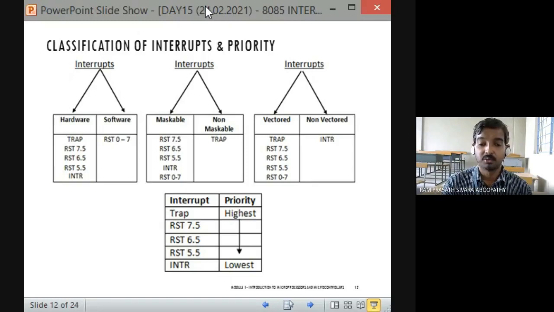So this priority order is resolved by a circuit called priority resolver, which technically we call the interrupt handler. When an interrupt comes, whatever things have to happen, the hardware for that we call the priority handler.